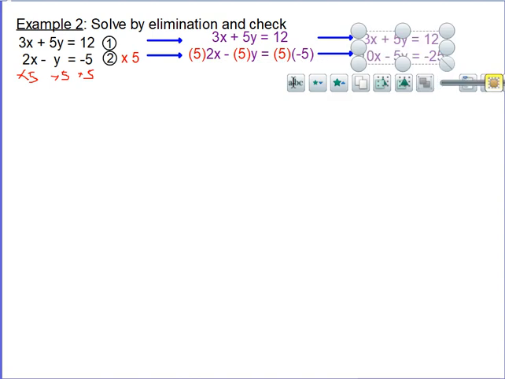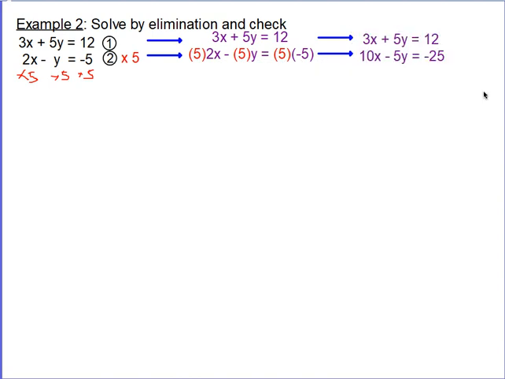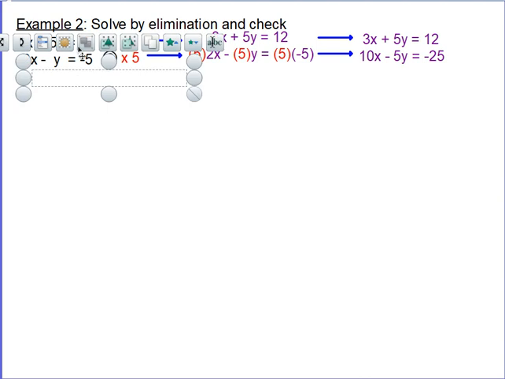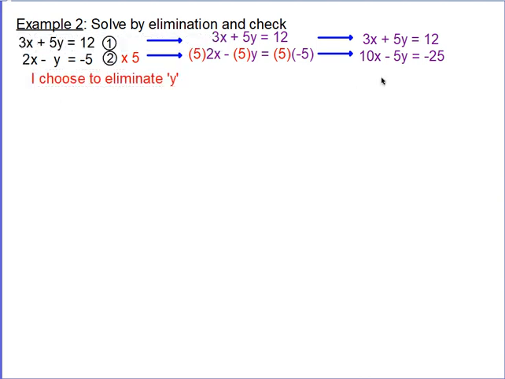So our new system is going to be here, right? 3x plus 5y equals 12. That one didn't change. But the bottom one here, equation number 2, is 10x minus 5y equals negative 25. Great. So yes, we chose to eliminate y. And if you look over here, look at this. This is so good.